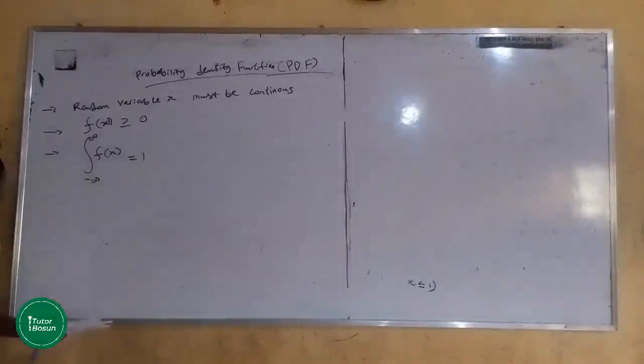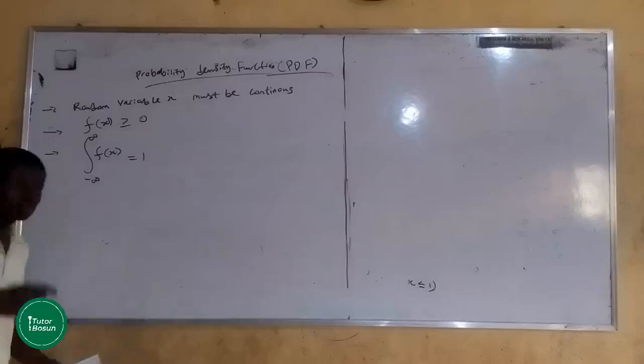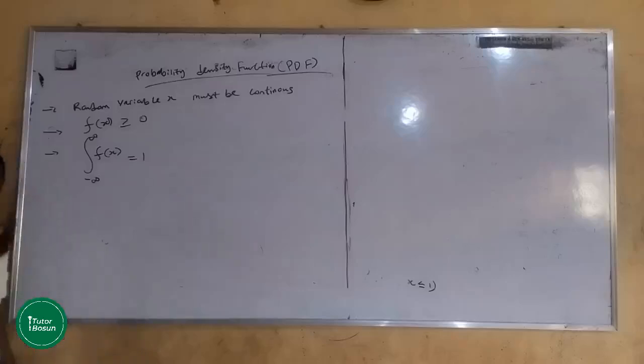But before we move into that example, you can be asked to compute a particular probability with your probability density function. That is, after determining the probability density function, you can be asked to compute a particular probability.